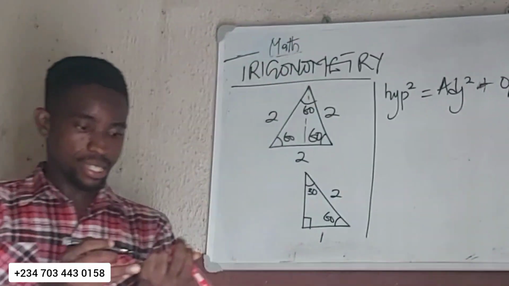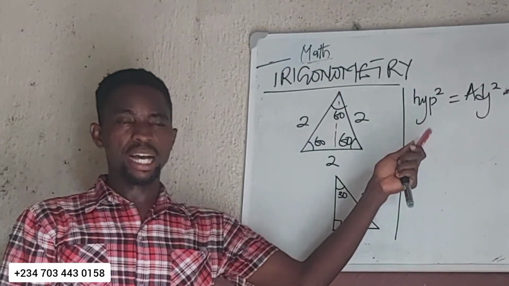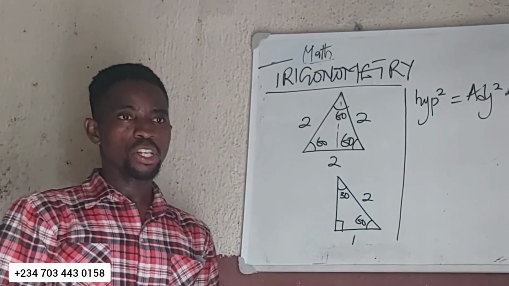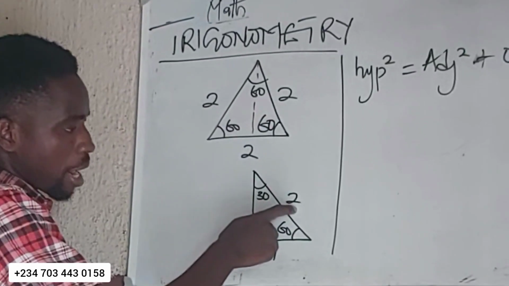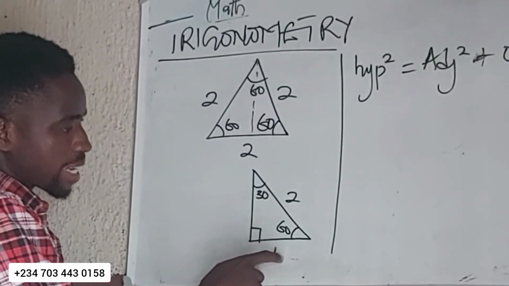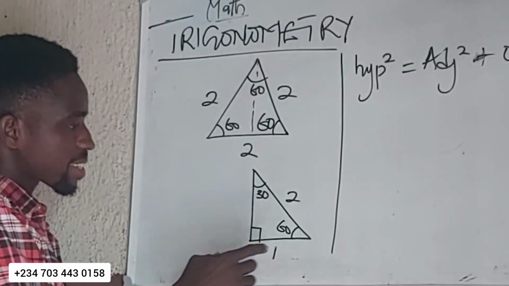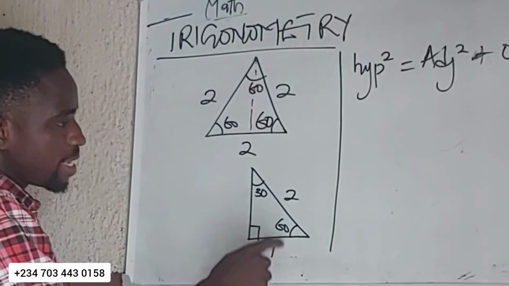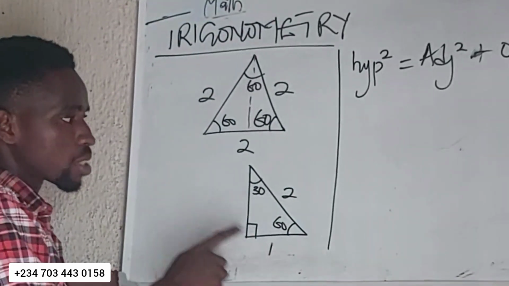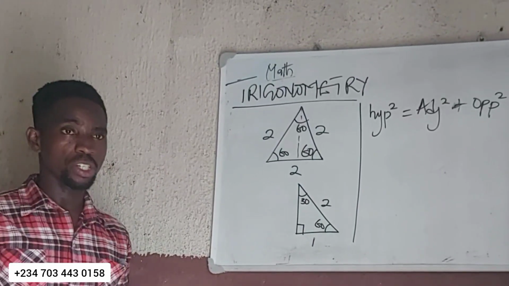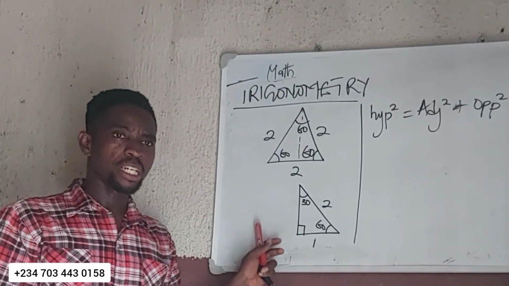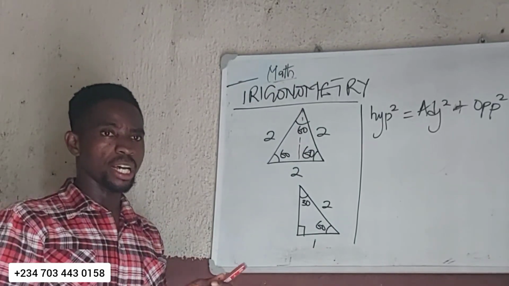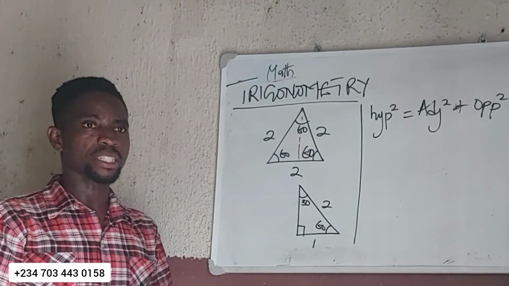This is Pythagoras theorem, and it is a very important theorem. So in this right angle triangle, if here is our hypotenuse, this is our adjacent, and this is our opposite, then the square of this side will be equal to the square of this side plus the square of this side. That's what we already know about right angle triangles.